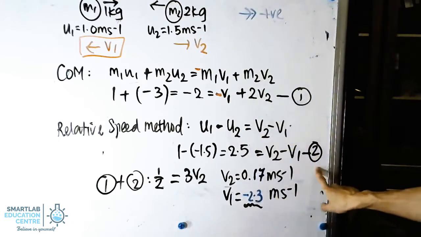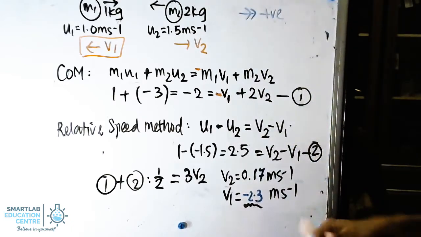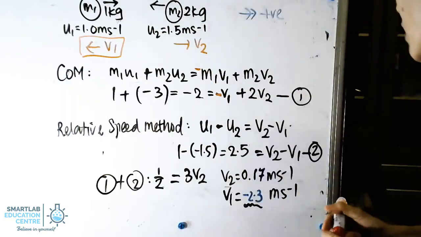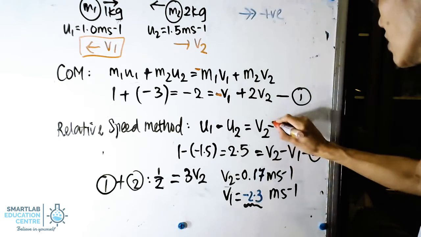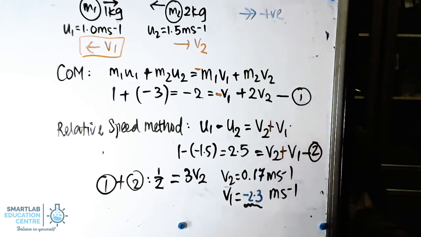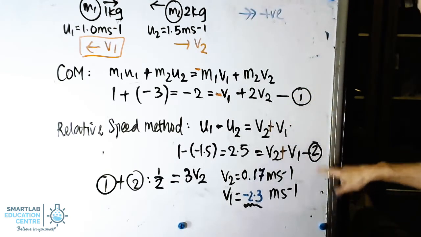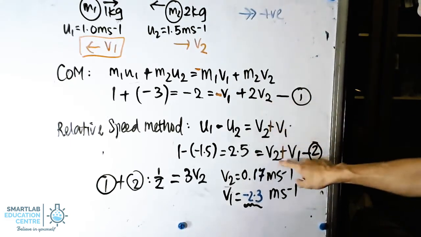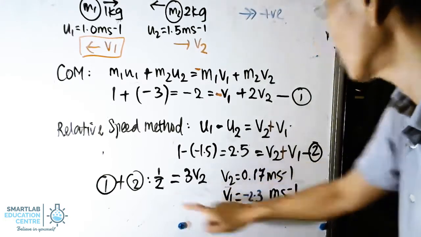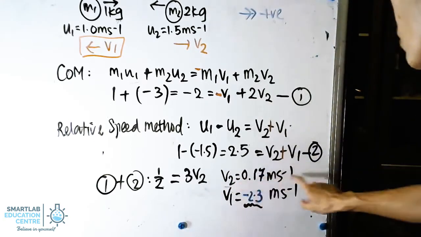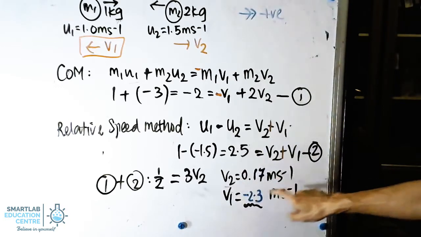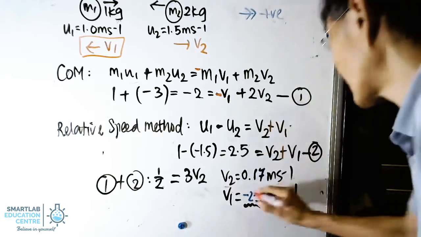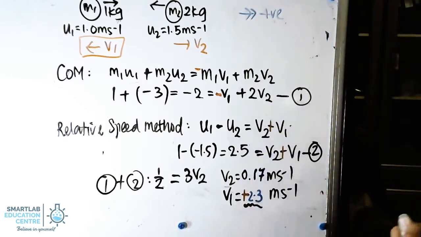In the second equation, it is important to realize that if this value is pointing in this direction, then they no longer subtract, they should just be adding. So with these two equations, by adding the first and the second equation together, we still end up with 3V2, as you can see, as half, and your V2 is still 0.17, but your V1 that you have calculated will now end up as positive 2.31.